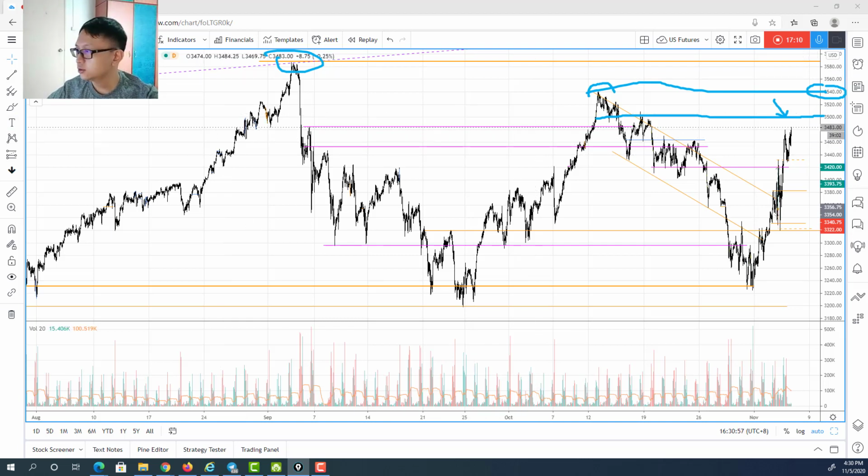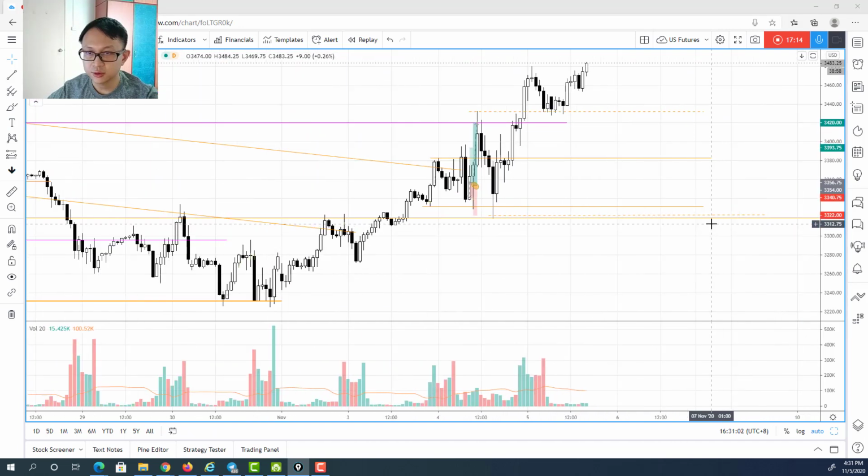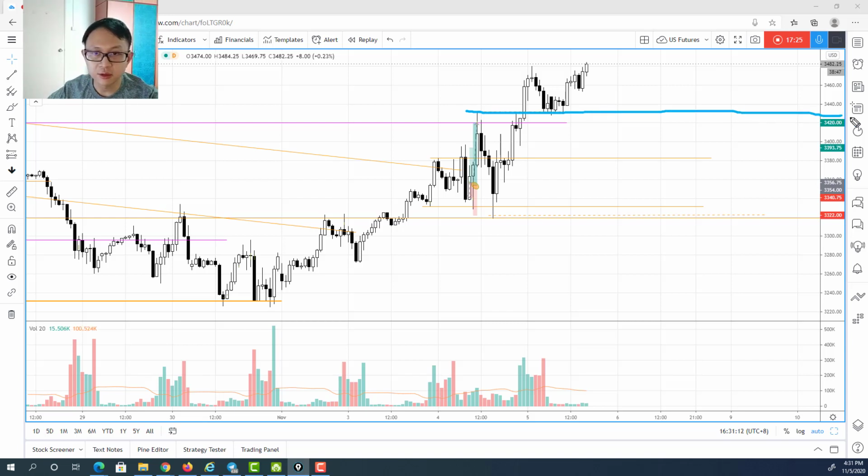Okay, so in terms of the trading plan for the session later, the levels that I'm watching will be this immediate support level, around 3430. So you can see that that's the previous swing high.